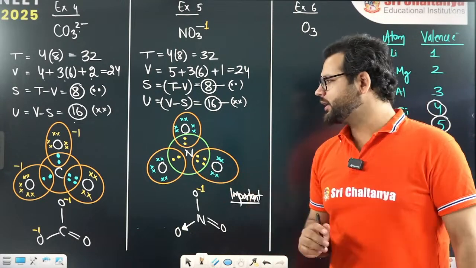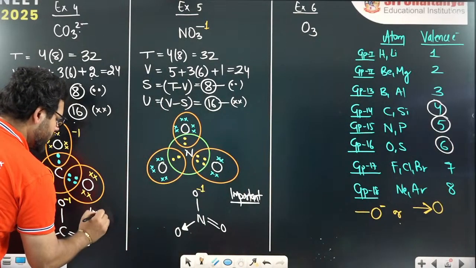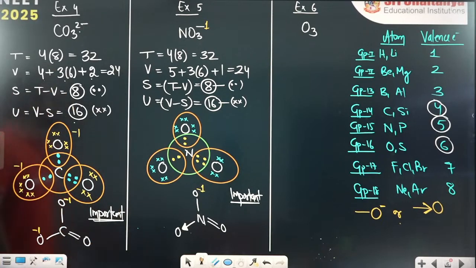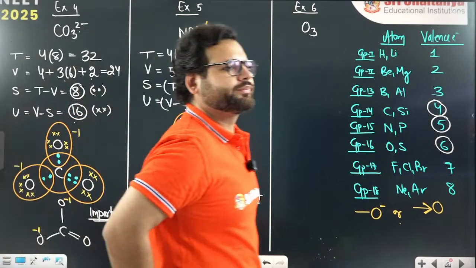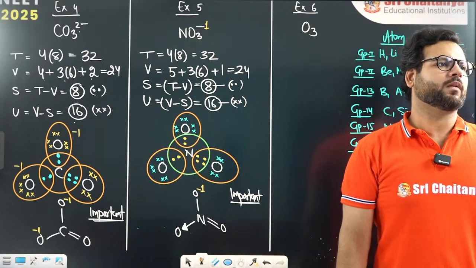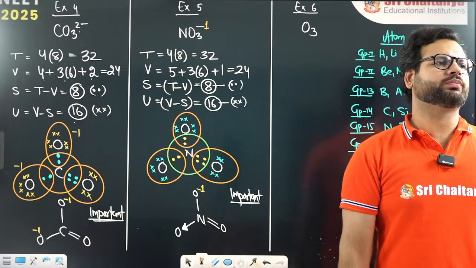Is the nitrate structure and carbonate structure clear to everybody? Please tell me. Quickly tell me. Is it clear, yes or no?